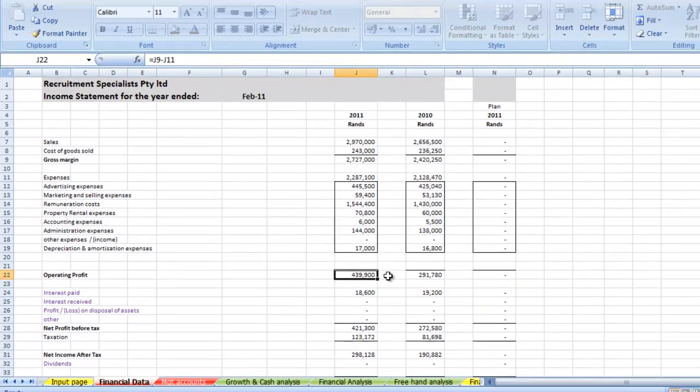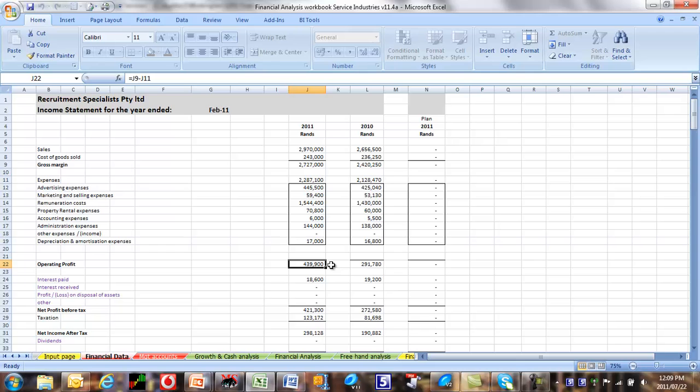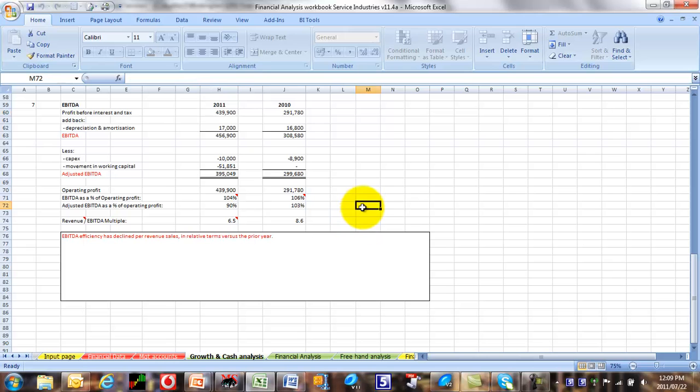There we see our profit before interest and tax. We have a depreciation charge in our overheads, getting to that number. So back to our analysis. We then arrive at EBITDA of 456,900, and we do some KPIs, key performance indicators. One that I like to use is revenue divided by EBITDA to give me the EBITDA multiple.